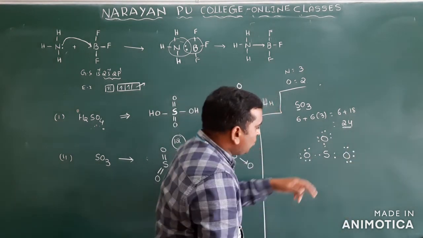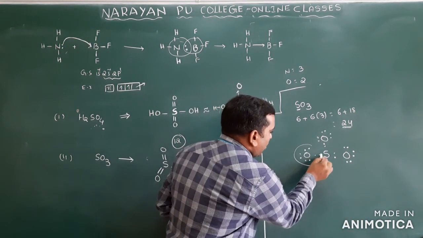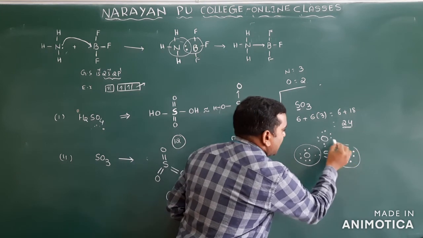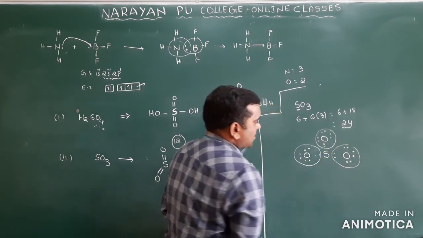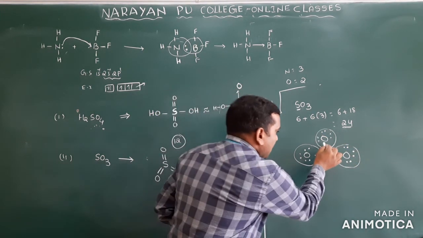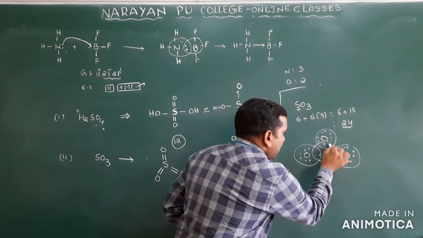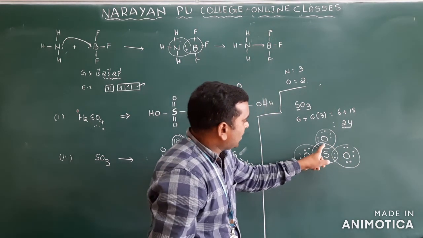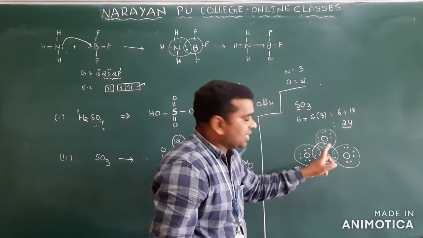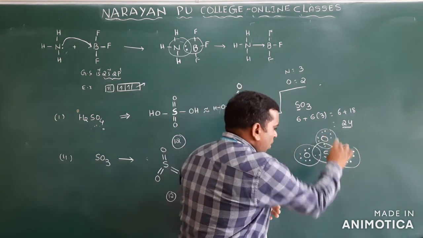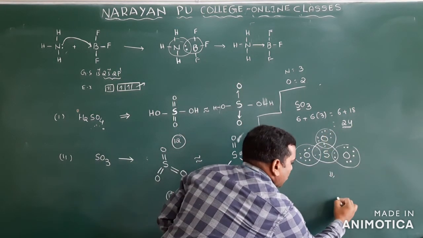All oxygens attain the octet, but sulfur does not attain the octet. Sulfur, you see, has 1, 2, 3 pairs, so 6 electrons. So any one of the oxygens has to share electrons. Clear?